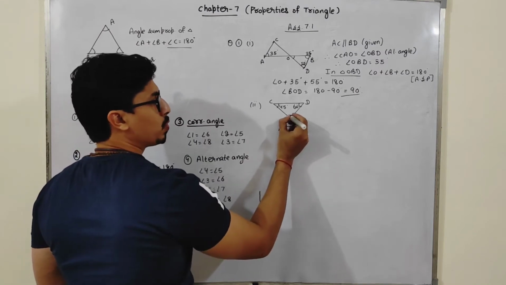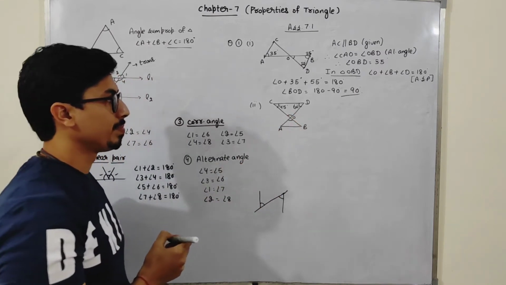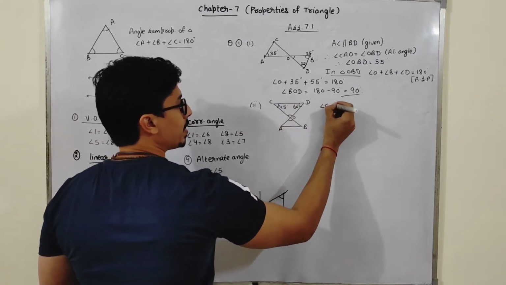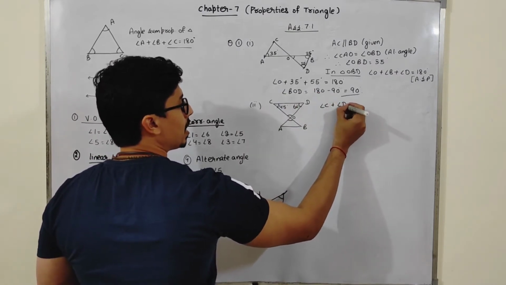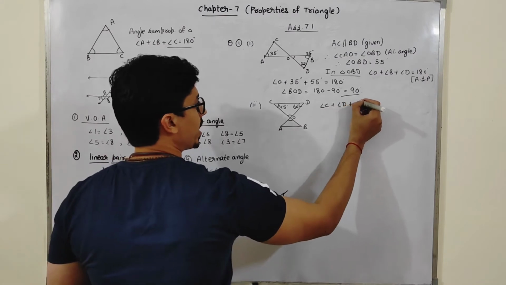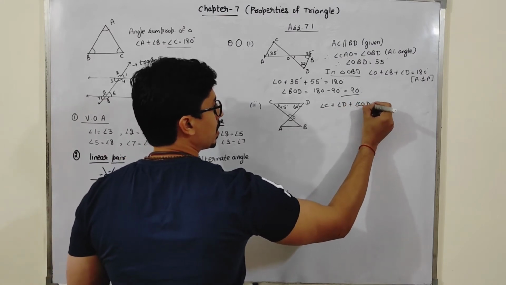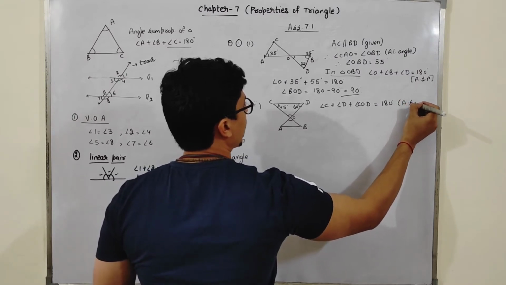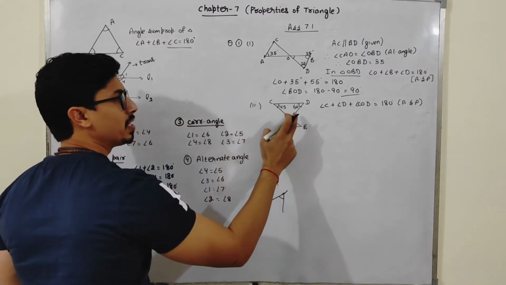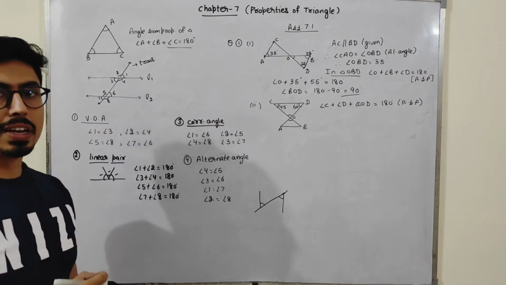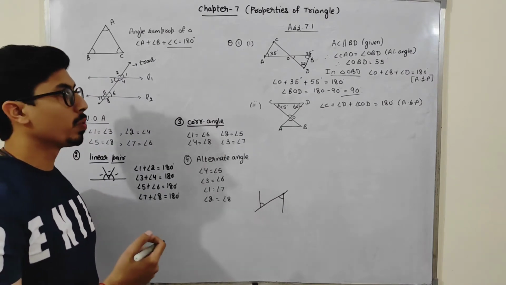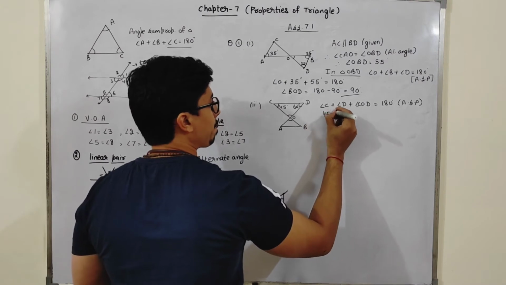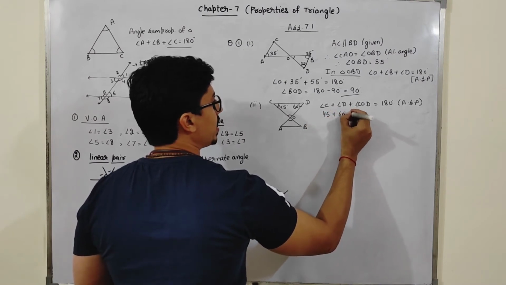Okay, what we will do, students? We will find out this angle. We will find out COD first. See, angle C plus angle D plus this angle, that means COD, I can name it. The sum of these will be 180 because of the angle sum property of the triangle. Because if I take triangle COD, the sum of the angles will be 180 degrees. Now just put the values. Angle C is 45 degrees, D is 60 degrees.